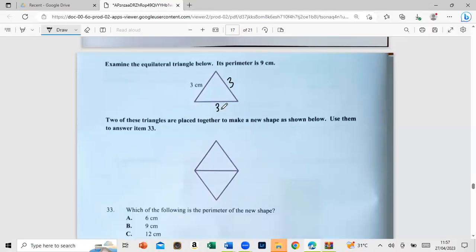So that means this is 3 centimeters, this is 3 centimeters. Which of the following is the perimeter? So the perimeter means the total distance around. So this is 3, this is 3, this is 3, this is 3. We do not consider the inside part. So 3 times 4, 12. So the perimeter would be 12.